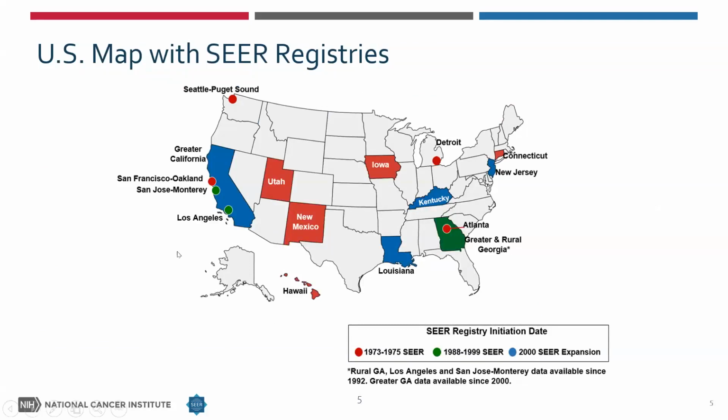As one can see, the states that are marked in red, blue, or green are the SEER regions, and the rest of the states where it's gray, there are also population-based cancer registries in those states, but they're supported by the CDC program, not the NCI SEER program. But together, SEER and CDC program, we have cancer information for close to 100% of the US population today.